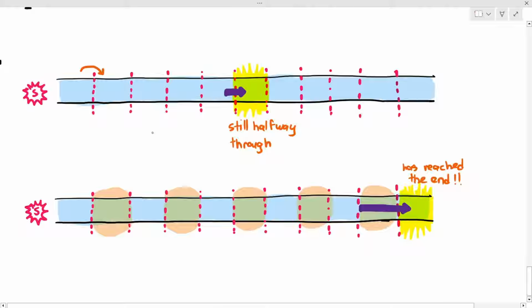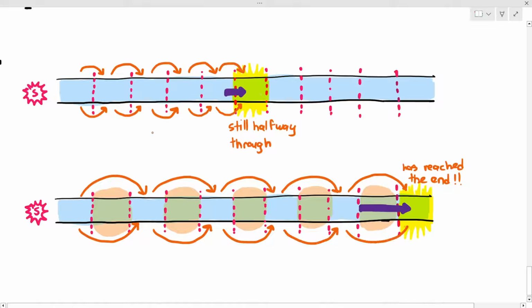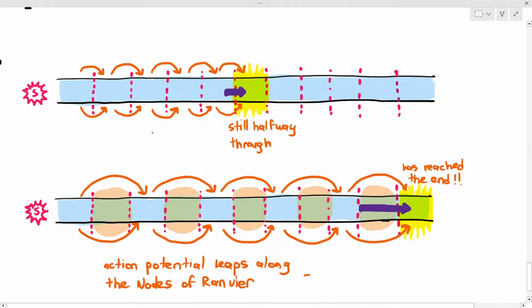The orange color arrows imply that the depolarization takes time to happen. It takes one section followed by the other section followed by the other section directly next to it for the unmyelinated axon. But for the myelinated axon, the depolarization seems to be jumping or leaping along the nodes of Ranvier, and that is known as the saltatory conduction.